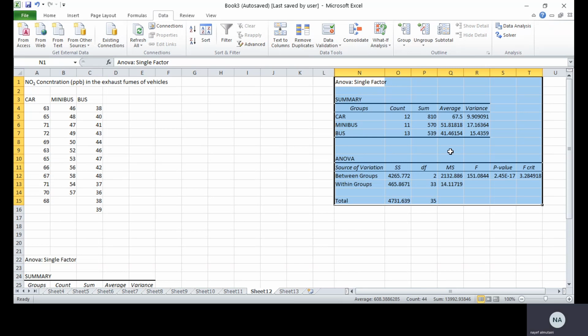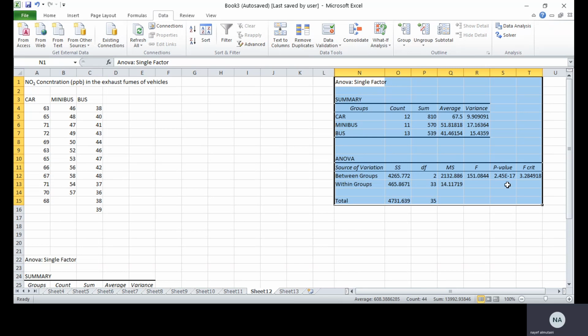First of all, we have to look at P. Let's look at the P value here. We always look for anything below 0.05. This P is 2.45 times 10 to the minus 17, which shows that it is statistically significant.